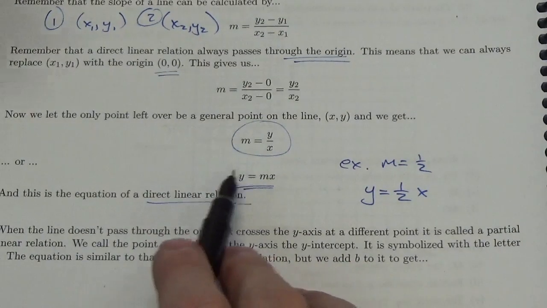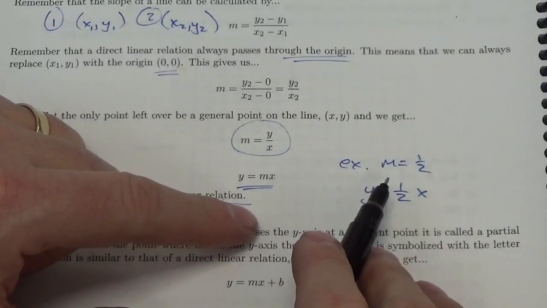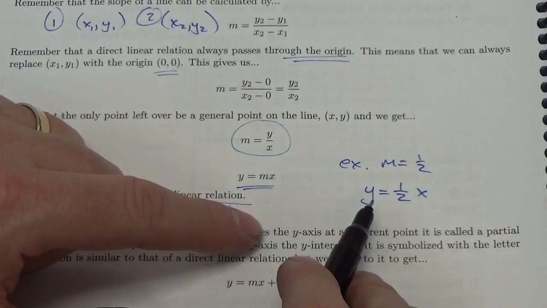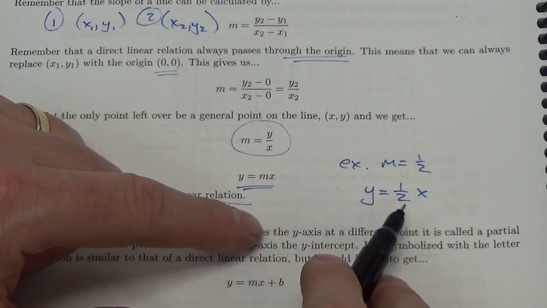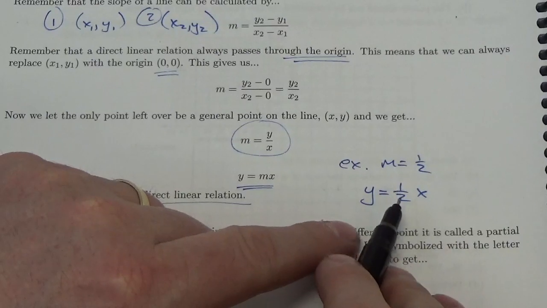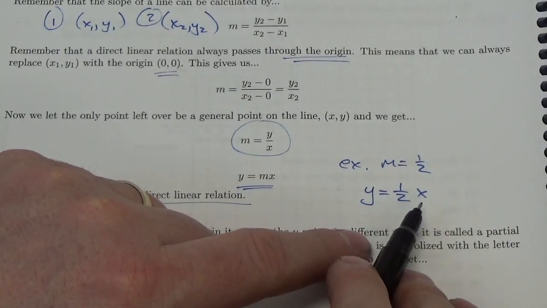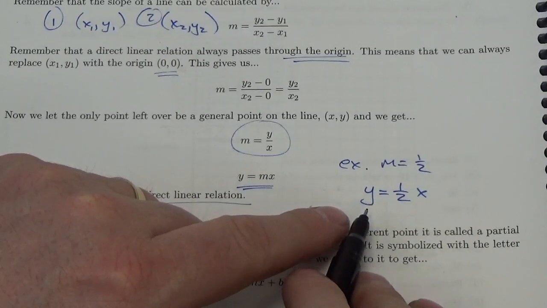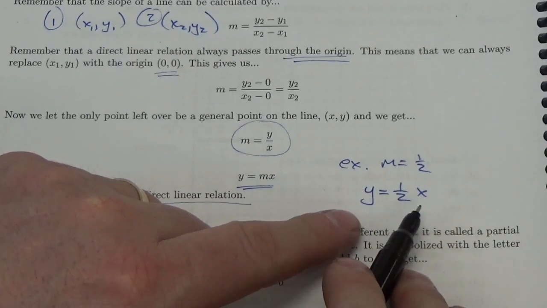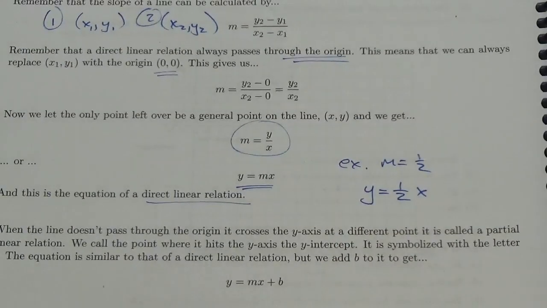It's a parameter of the equation, and it's going to be a constant value. So for this particular line, it will always be 1/2. Always. That never changes. So when I write the equation of that line, I leave that in there. But the x and the y will change. Every time I choose an x value, it's going to cause a y value to pop out, and those are going to vary all the time. So I need x and y to be in there.